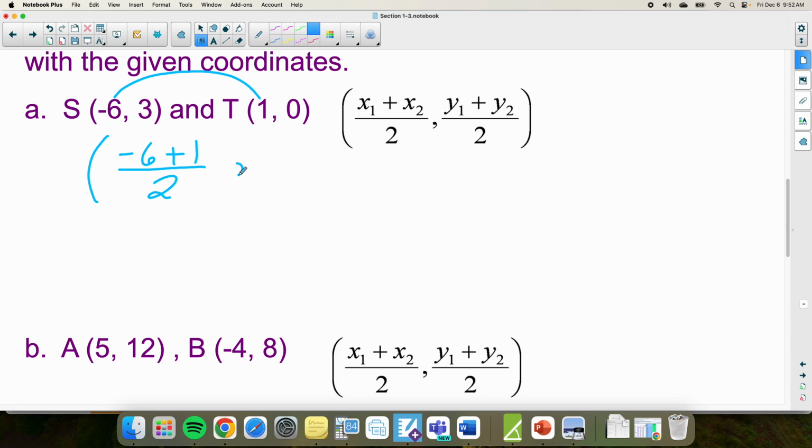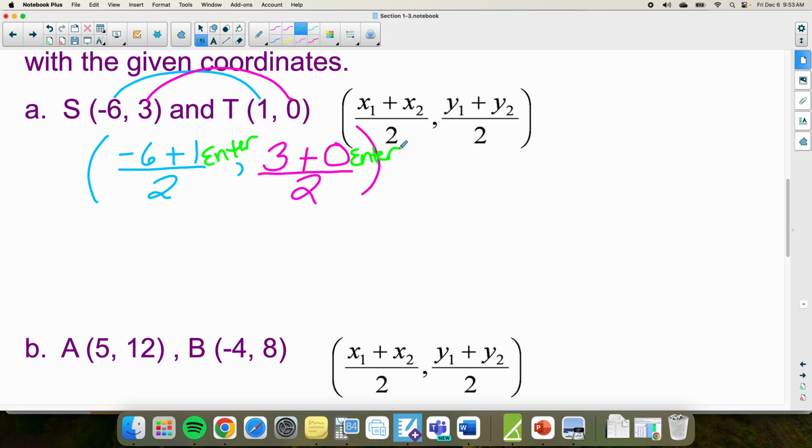And then we would do our y's where we go y1 plus y2 divided by 2. Now, when you do this, you're either going to put these in parentheses before you divide by 2, or you're going to hit enter before you divide by 2. Otherwise, you'd get every single one wrong.